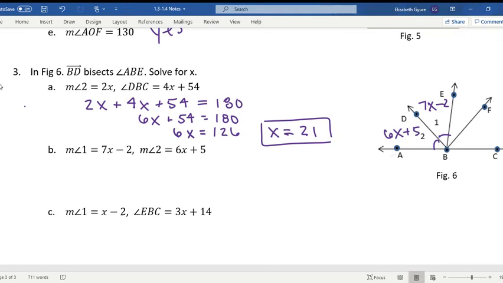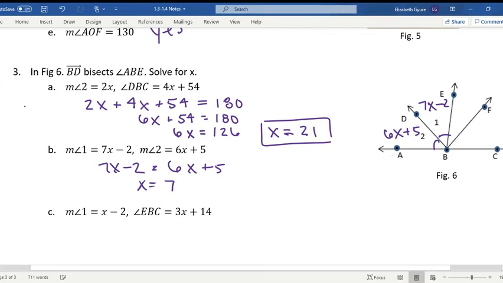So what we're going to do here is set those two angle measurements equal to each other. Again, congruent angles are going to have equal measures, so set the measures equal. 7x minus 2 equals 6x plus 5. So subtract your 6x over, x equals, add your 2 over, and you should get 7.